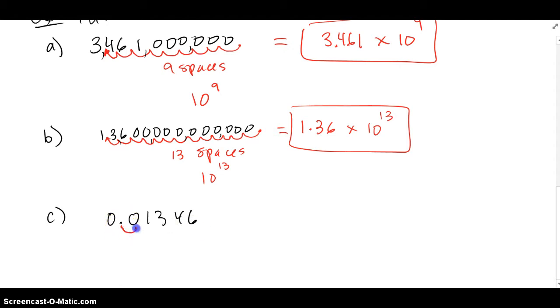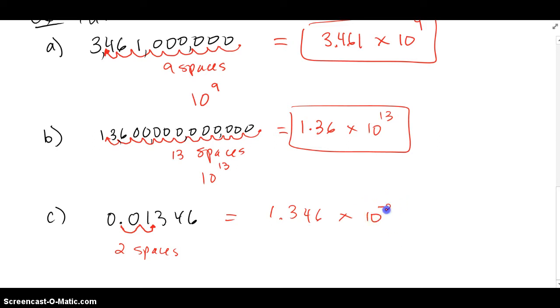So I take my decimal and go 1, 2, that's good enough. I went 2 spaces, and I have 1.346. So I have to create a number again that's between 1 and 10. Times 10 to the not 2, because I started off with a smaller number, so I should have negative powers of 10.